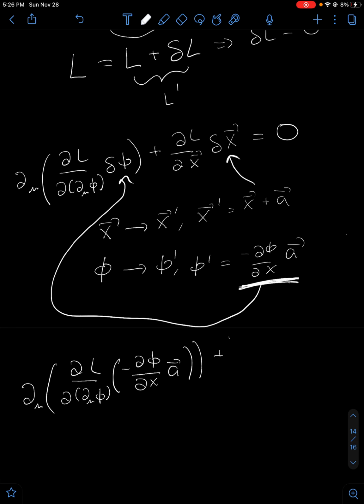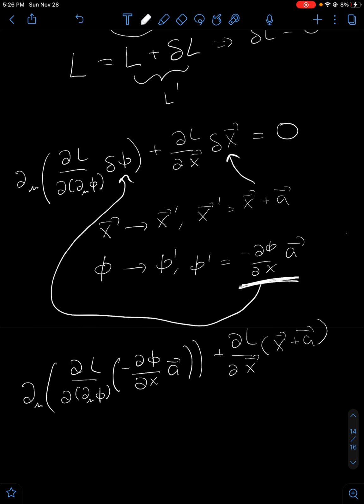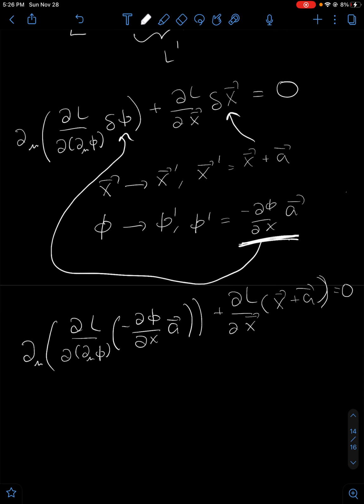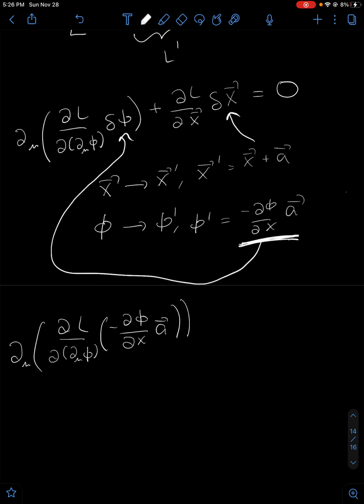So now we have partial L over partial x times partial x plus a. All right, and this entire thing should be 0. Wait, let me rewrite that in a more compact way. Let's move this over here.